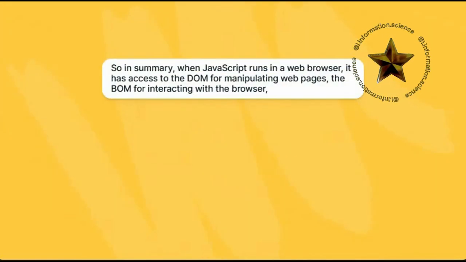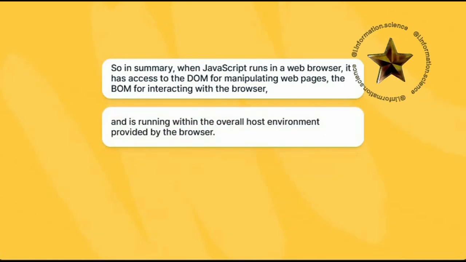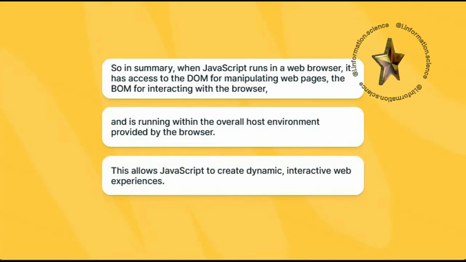So, in summary, when JavaScript runs in a web browser, it has access to the DOM for manipulating web pages, the BOM for interacting with the browser, and is running within the overall host environment provided by the browser. This allows JavaScript to create dynamic, interactive web experiences.